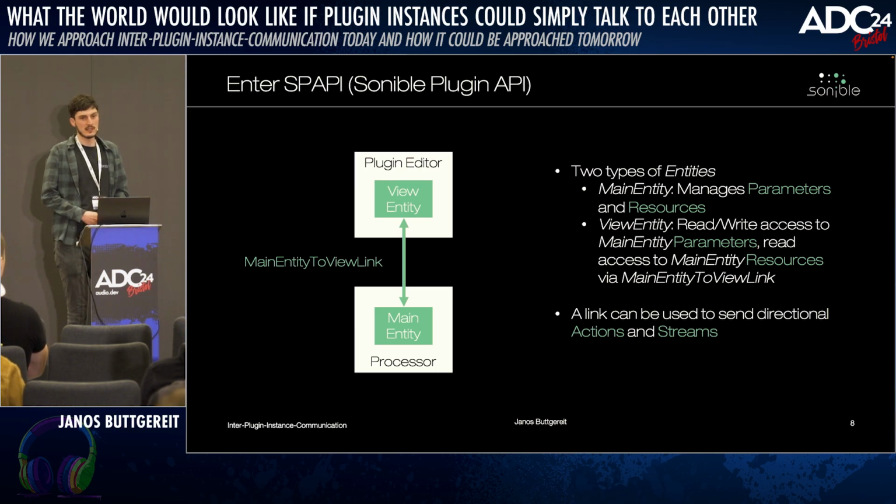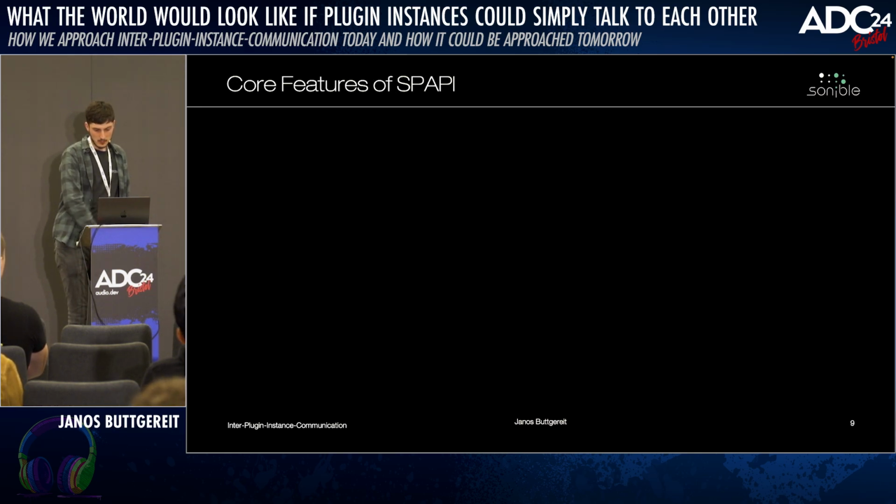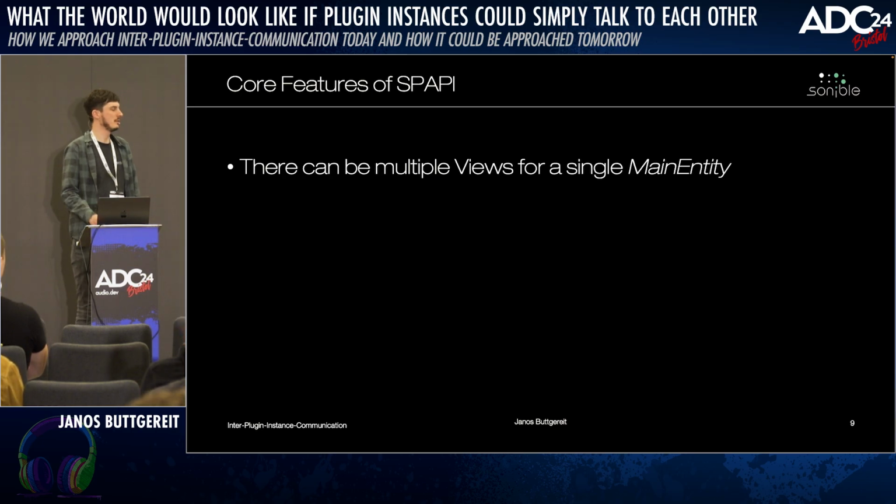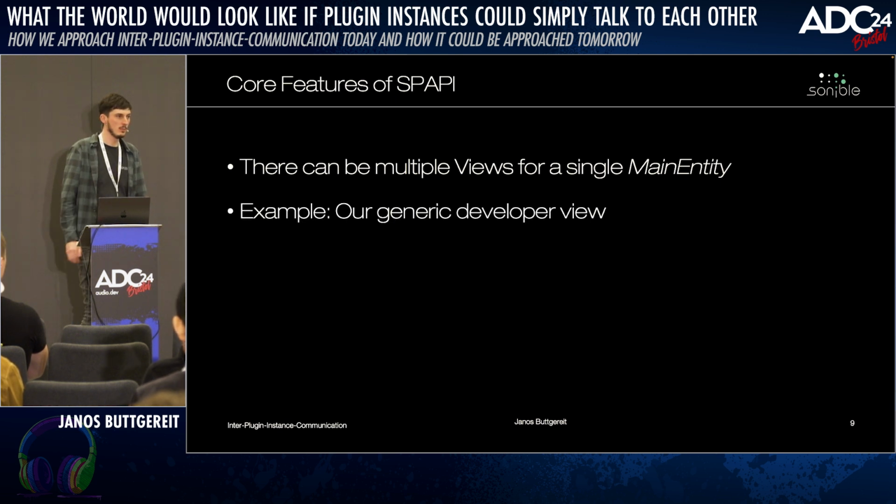And once we got that up and running, we said, well, there should be multiple views for a single main entity. And again, we didn't start with a full interconnected swarm of plugins. We just said, well, let's add a generic developer view to our plugin.